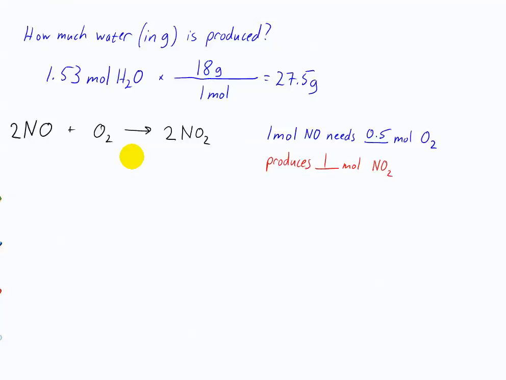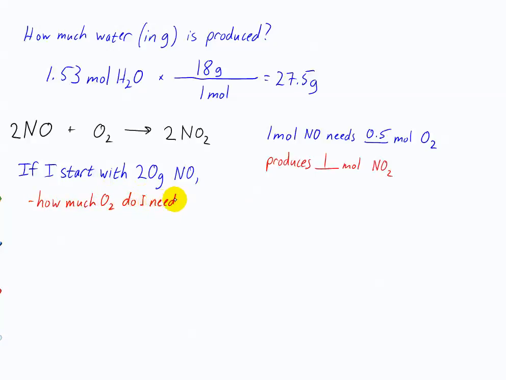So I want to know, if I start with 20 grams of NO, how much oxygen do I need?